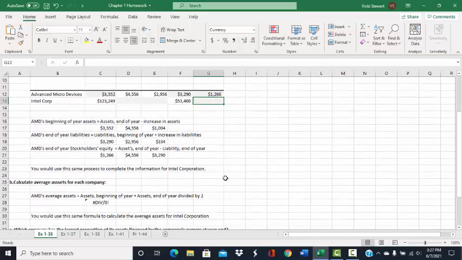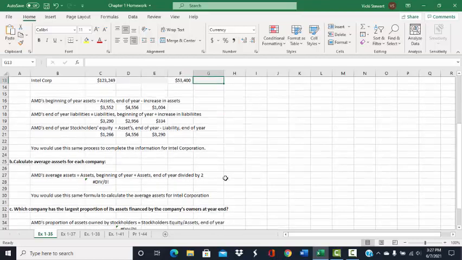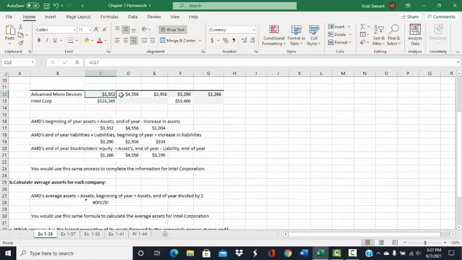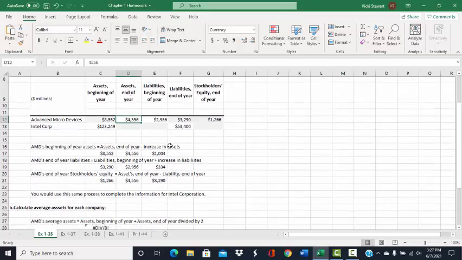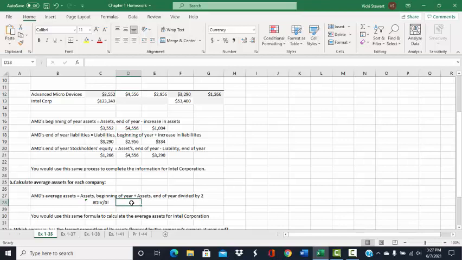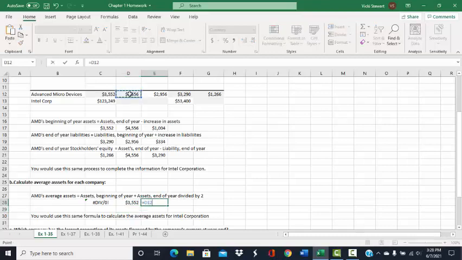The next part of the problem wants us to calculate what average assets are for each company. Average assets is equal to the beginning of the year assets plus the end of the year assets, divided by 2. We're going to copy that information, since we've already calculated it for AMD from our chart, and then we need to put the number 2 in.